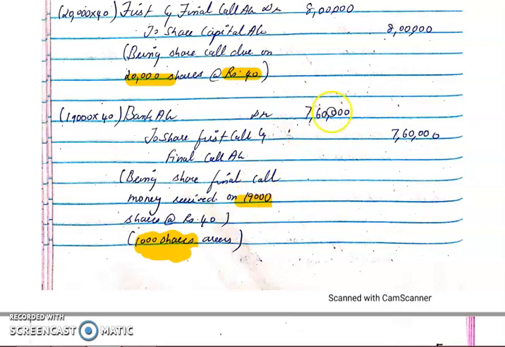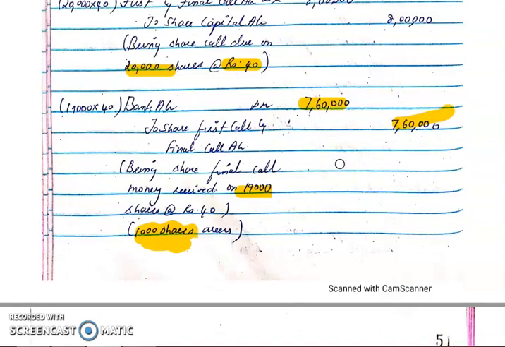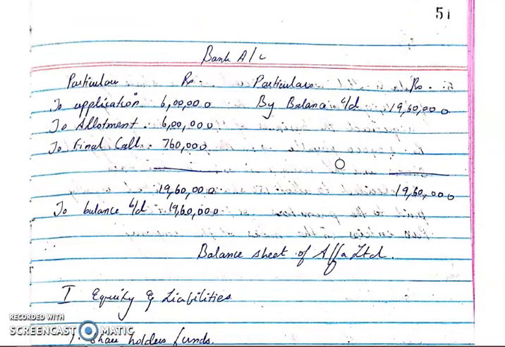So call money will be 7,60,000 receivable. Okay. So I have also shown the bank account. This is not necessary. If you want, you can show it in order to find out the cash in bank or cash in hand.